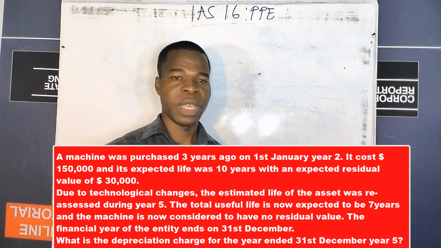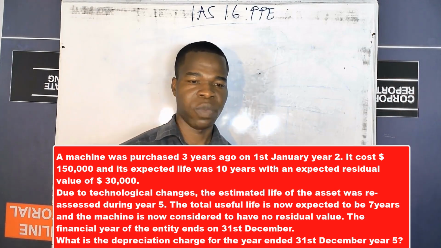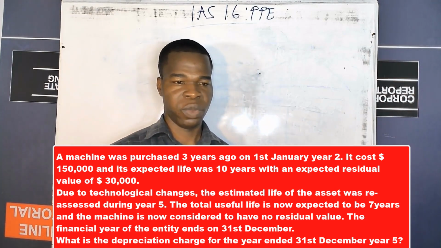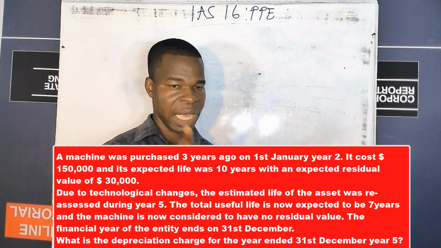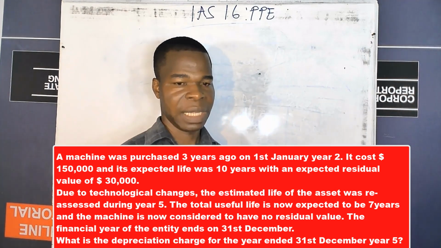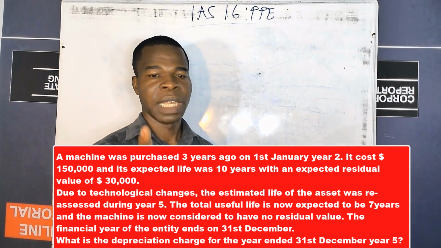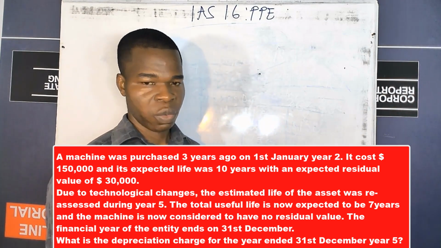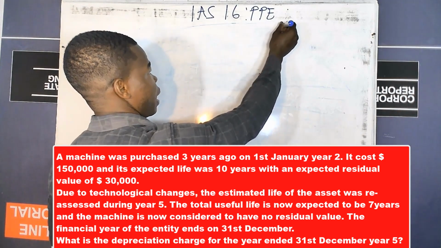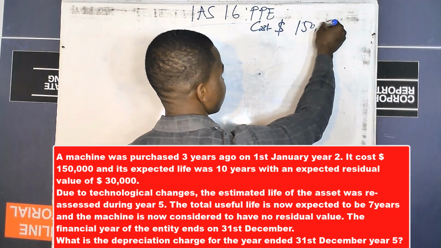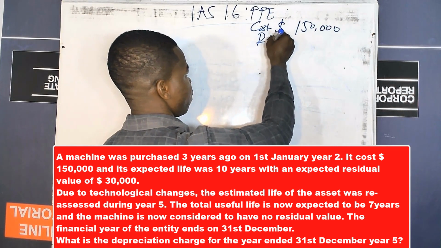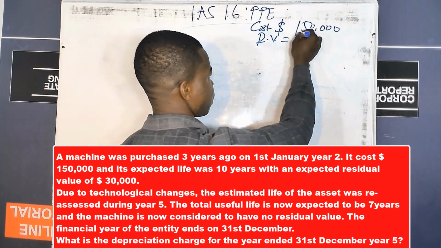So during year 5, the expected life of the asset was reviewed. So he said the machine was purchased 3 years ago, and that means they have used the asset for 3 years since 1st January year 2. The cost of the asset is 150, and we have a residual value of $30,000.